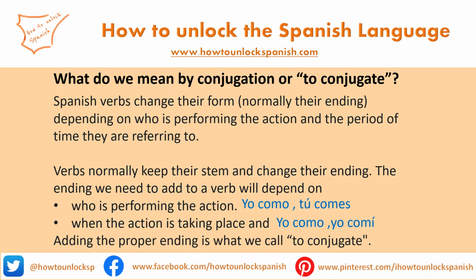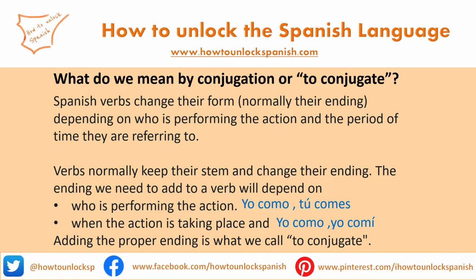Then I will also have to choose the ending depending on when the action is taking place. For example, if I want to say I eat, like I normally eat, I will say yo como. So I will choose the ending o, which is the ending for the present tense for I eat, for me.